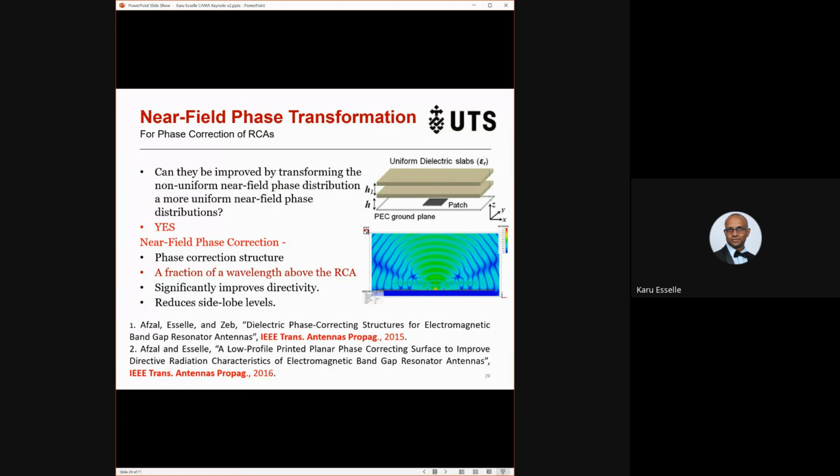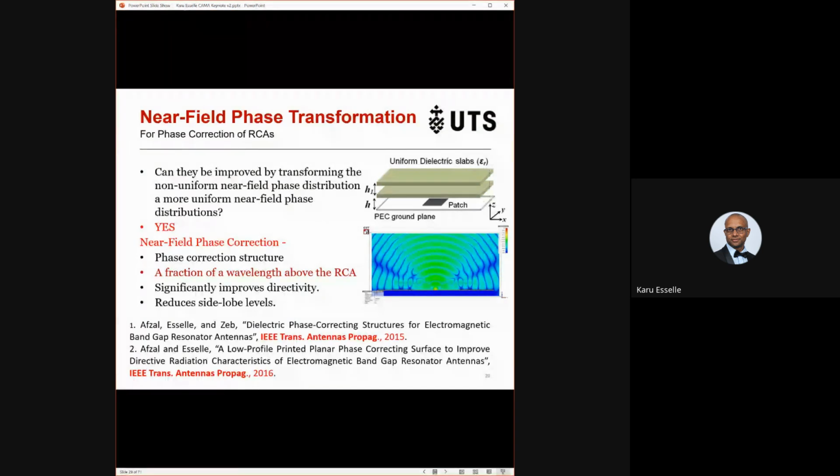Our first paper on this came out in IEEE Transactions on Antennas and Propagation in 2015, called Dielectric Phase Correcting Structures for Electromagnetic Bandgap Resonator Antennas.